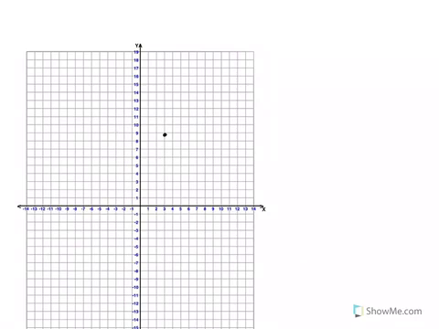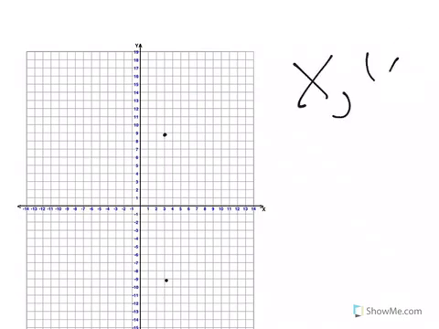If you were asked to reflect over the x-axis, again, you're going to go over 9, but this time you're going to go down 3. So again, it just depends which one they want you to reflect over.